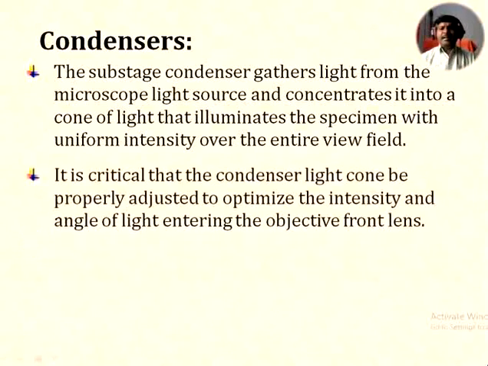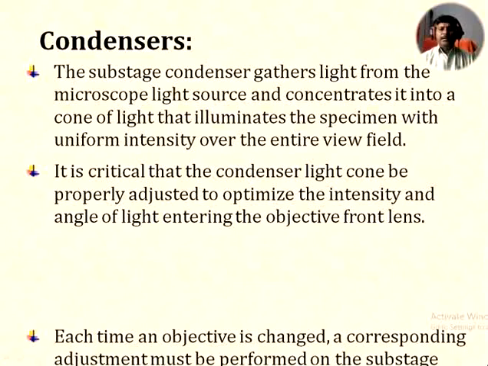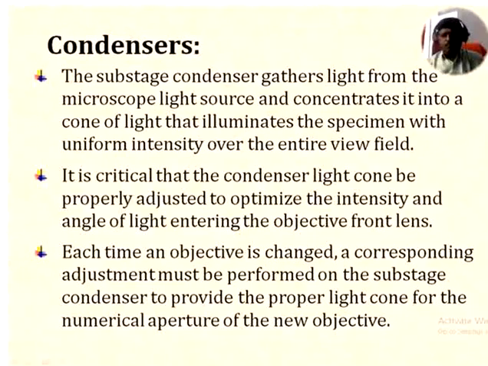It is critical that the condenser light cone be properly adjusted to optimize the intensity and angle of light entering the objective front lens. Each time an objective is changed, these three or four objectives are mounted on a single revolving nosepiece, and if we have to change from 10x to 45x or from 45x to 100x, we have to make changes in the condenser also.